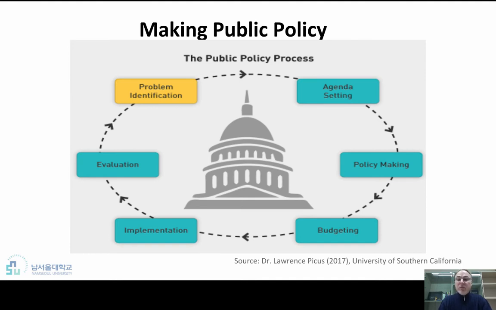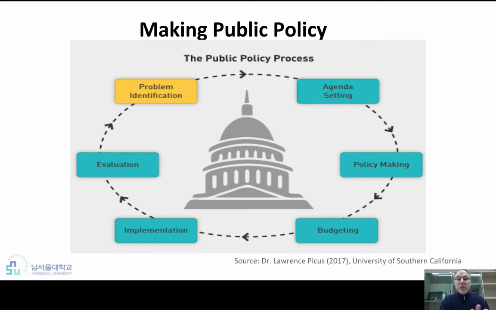And from there we move into the policy-making process. So once a problem has been identified that is going to be investigated, then it goes into the policy-making process where alternatives are identified. Then the budgeting process is where a cost analysis is conducted and decisions are made about how much to invest in what kind of solutions.